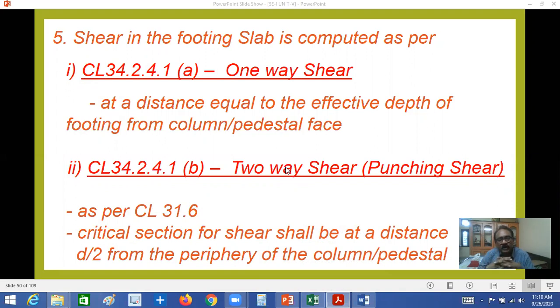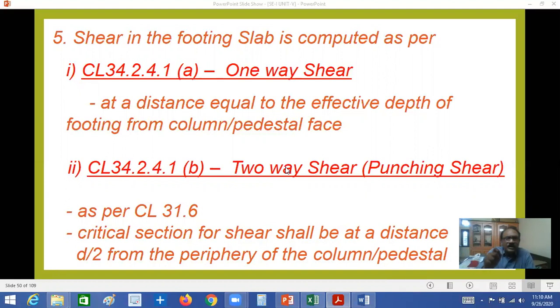There are two types of failures in a footing. Generally in beams and slabs you see only one-way shear, but here we have to check for one-way shear and two-way shear. One-way shear is critical at the distance of d from the face of the column, and two-way shear, that is punching shear, is critical at d by 2.